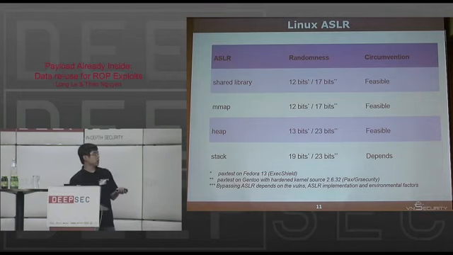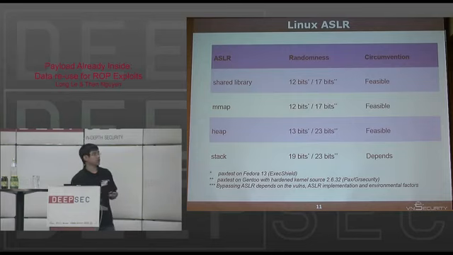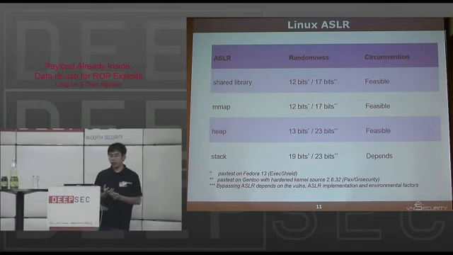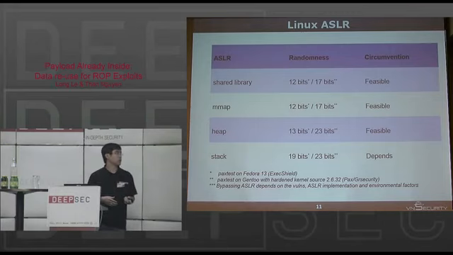So you can see that for this kind of thing, about 13 to 16 bits is actually pretty easy to brute force. And there is even some implementation flaw in previous kernels where, if you try about 40, 50 times, some addresses will be repeated.